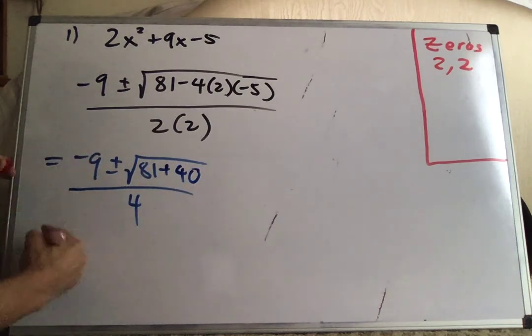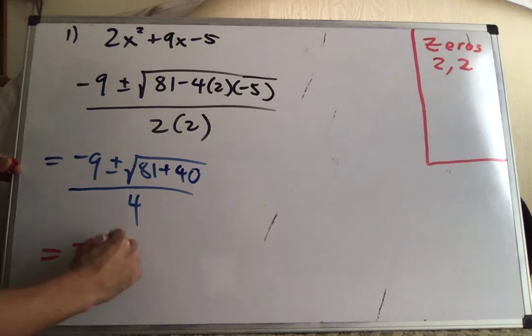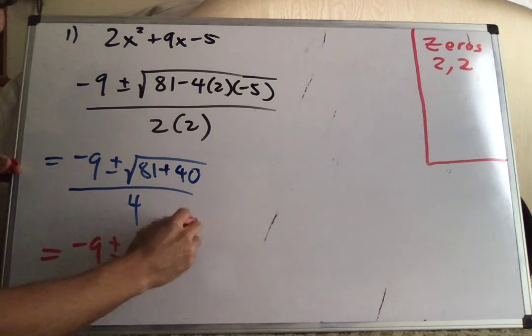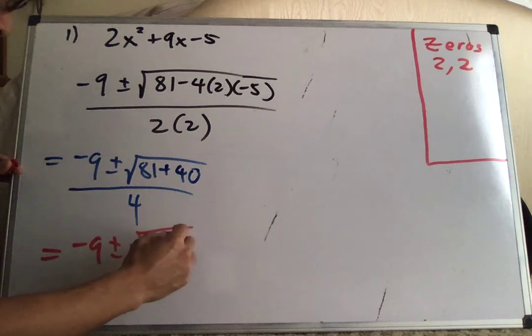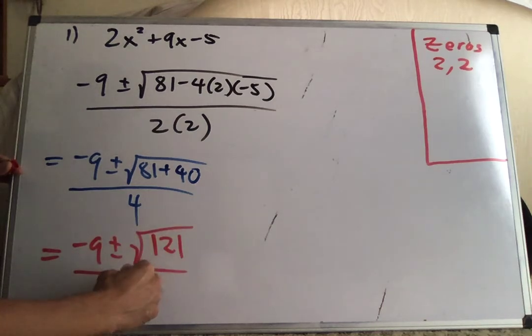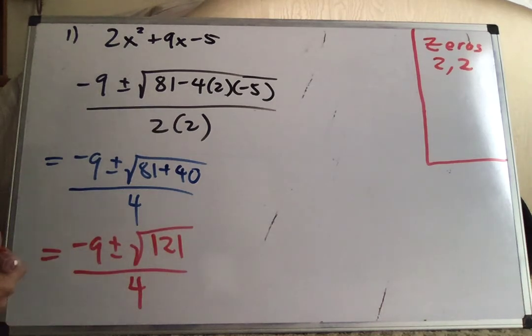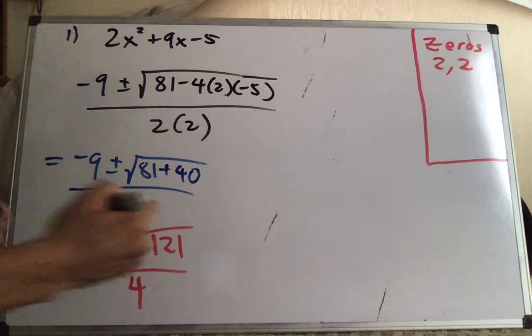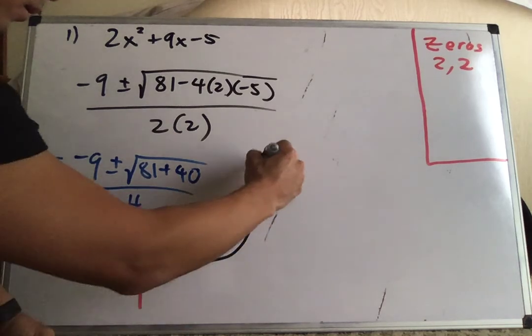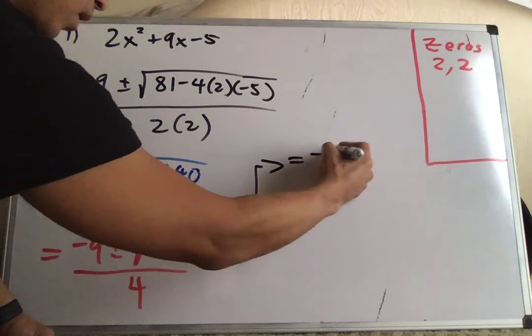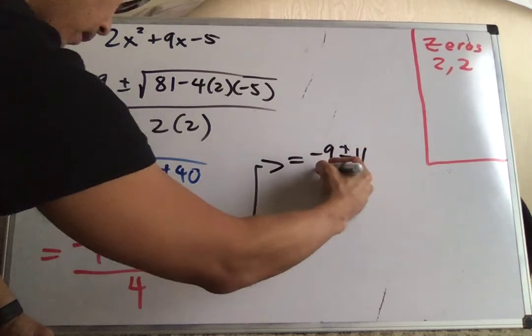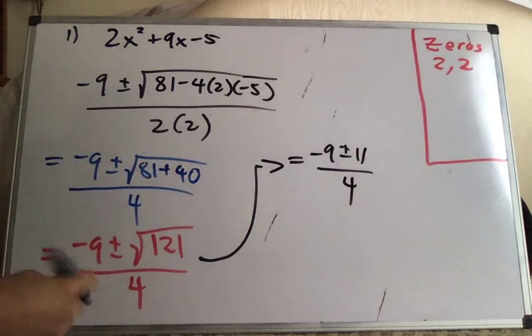All right, that's going to be nice because it turns out that's negative 9 plus or minus the square root of 81 plus 40 is 121. And 121, the square root of that is just exactly 11. Okay, so we're over here: negative 9 plus or minus 11 over 4. Okay, so I take the positive side first.